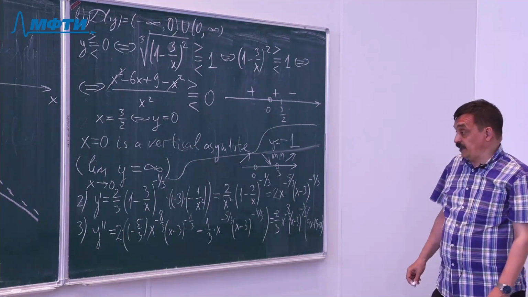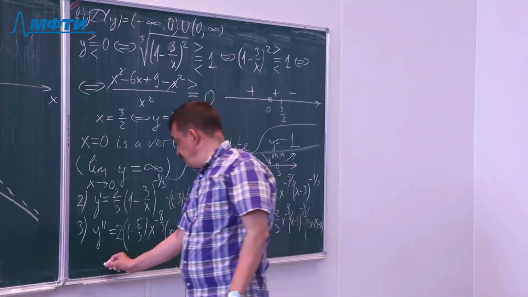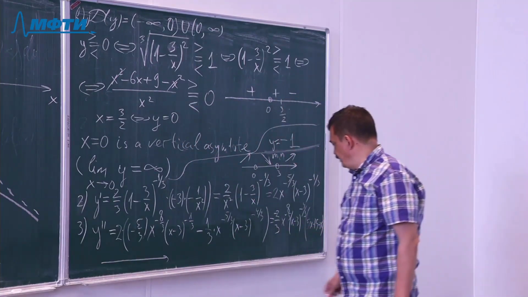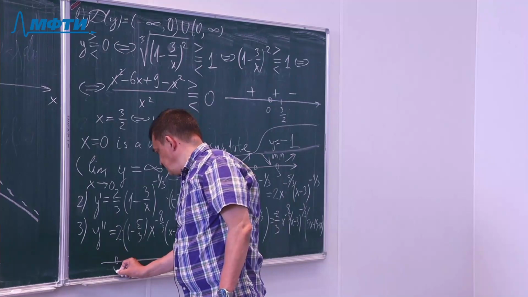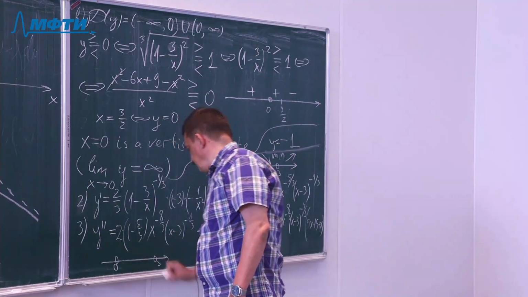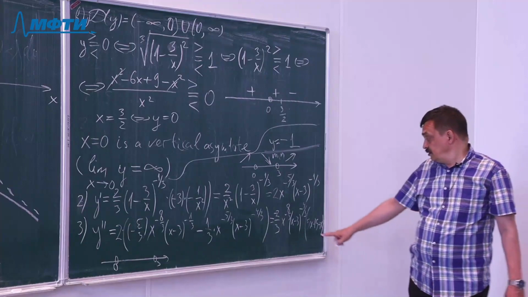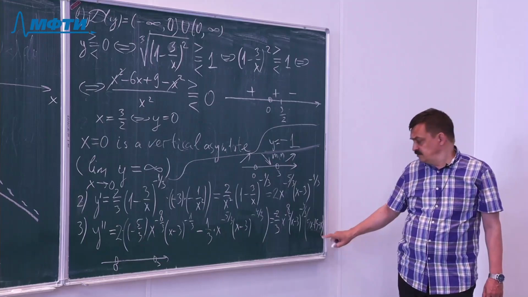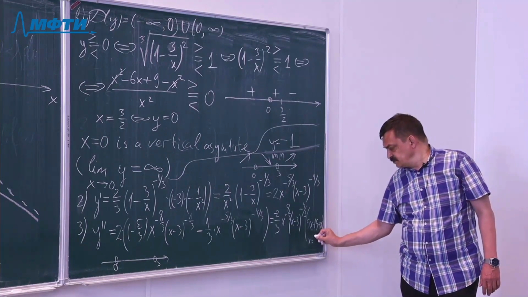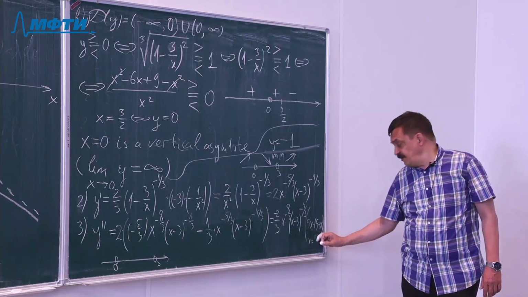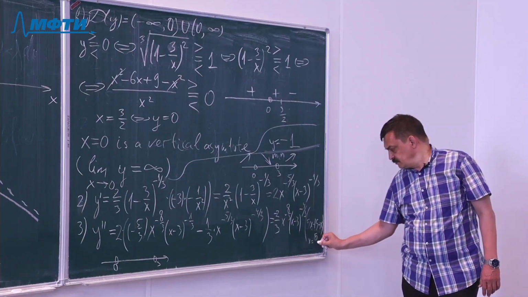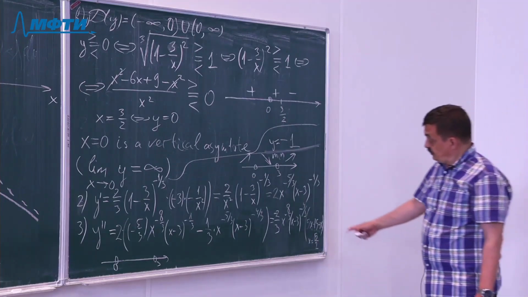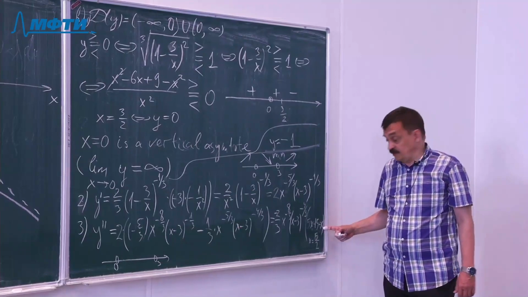So what we obtain for the second derivative, for convexity better to say, we have to exclude 2 points, 0 and 3. And here 6x minus 15 gives x equals 15 over 6, or 5 over 2, right? 5 over 2 is the only zero of the second derivative.